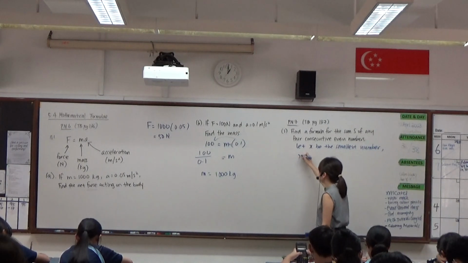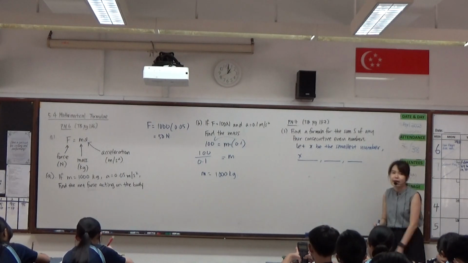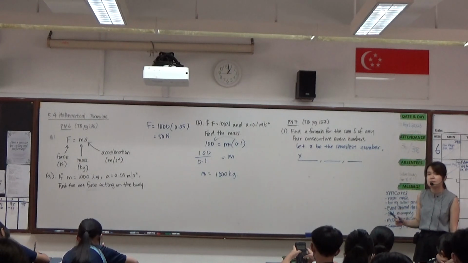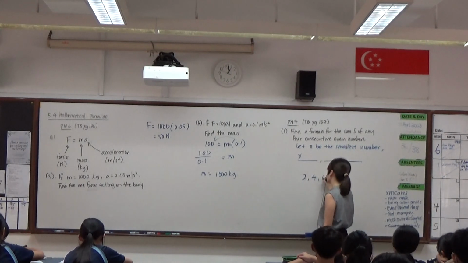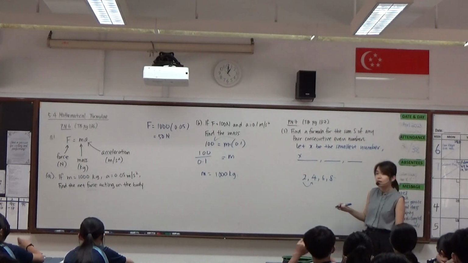So what will the four numbers actually be? I have the first one to be x. The next even number, what will it be? If we look at the even numbers 2, 4, 6, 8, what is the pattern? Plus 2.